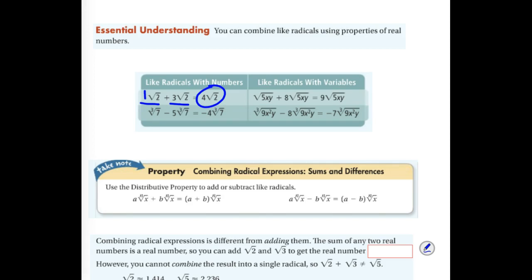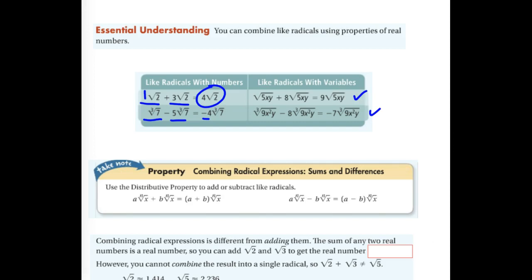Okay? Here we're looking at cube roots of 7 and subtracting 5 cube roots of 7. So 1 minus 5 would give us negative 4 cube roots of 7. And all they're showing on the right-hand side here is that it works for variable expressions as well. Make sure it's the same kind of root and that what's underneath is matching. Okay?